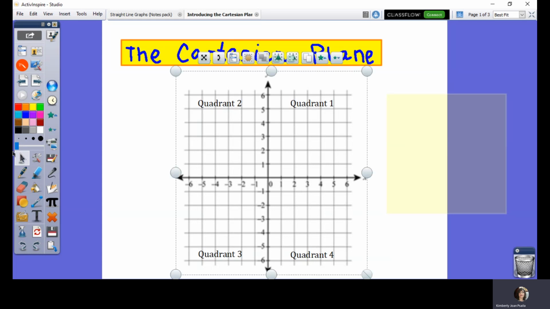point. Okay? This point is called the origin. Let me show you here. This point, this is called the origin. This is the zero point of both the x-axis, the horizontal axis, and the y-axis.